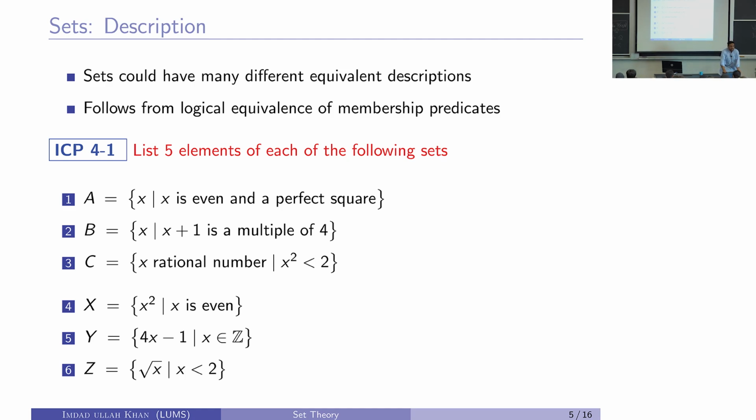And the set z, the square root of x such that x is less than 2, right? Can you think of a number less than 2? 1. What is the square root of 1? 1 is less than 2, right? The square root of 1 is what? 1. And maybe negative 1 also.